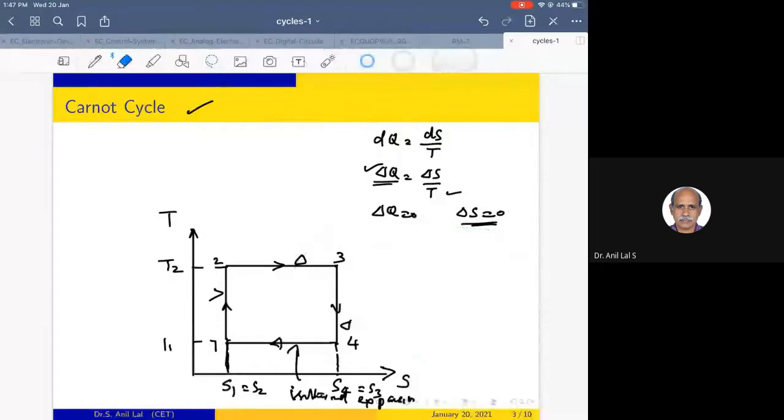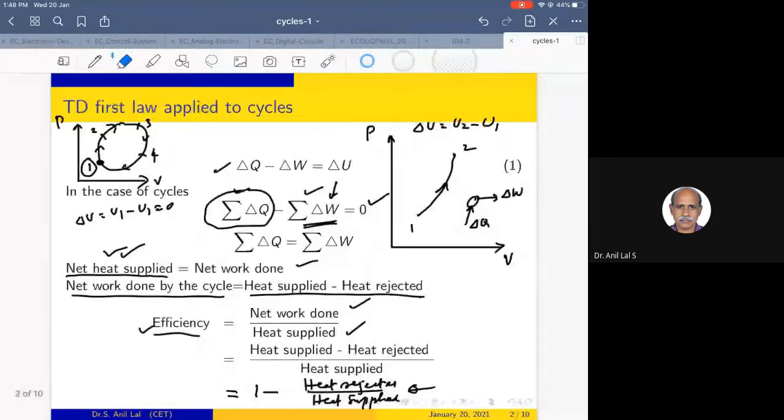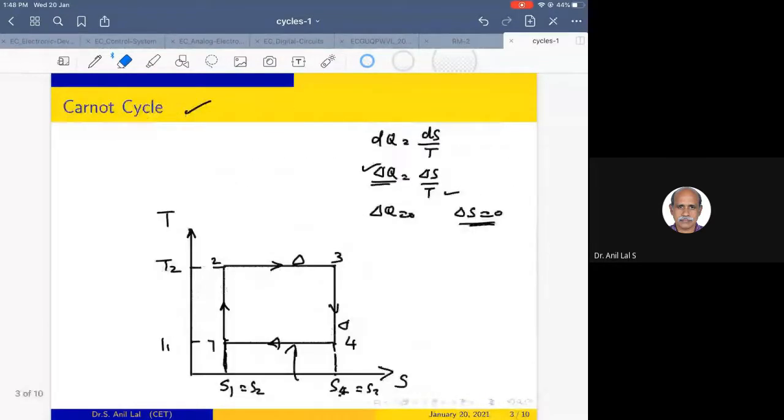For this equation, we must write 1 minus heat rejected by heat supplied, right? So heat is supplied during the process 2-3, and 2-3 is an isothermal process.